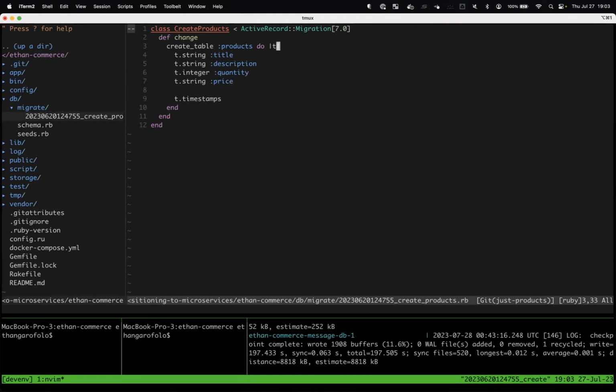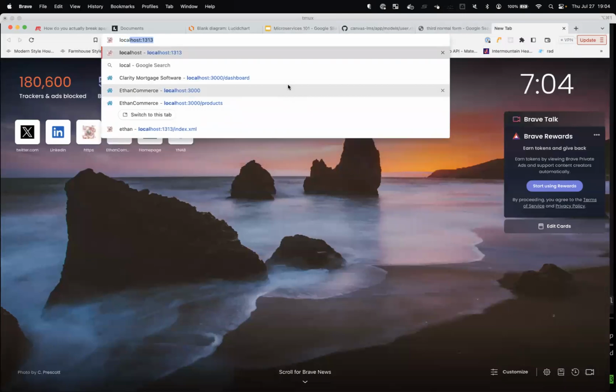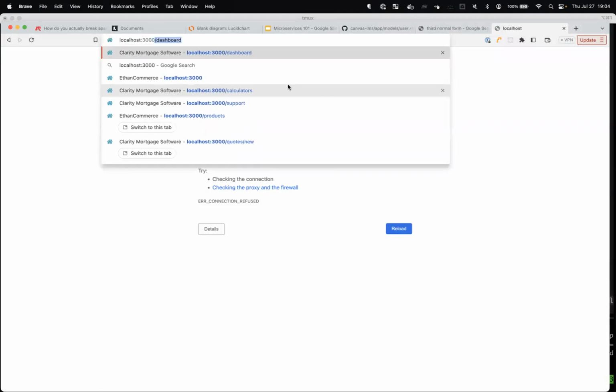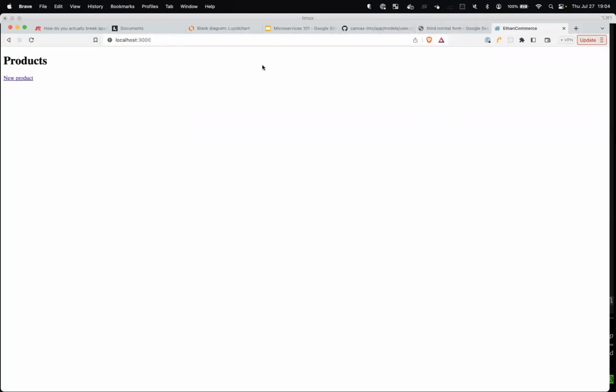All right, so here's a products table, has a title, description, quantity, and price. It's all a monolith. Right now, if we start our Rails server, bring up a browser, we can go to localhost 3030. There we go. We just built this with Rails' scaffolding.